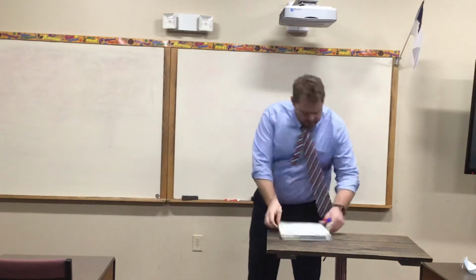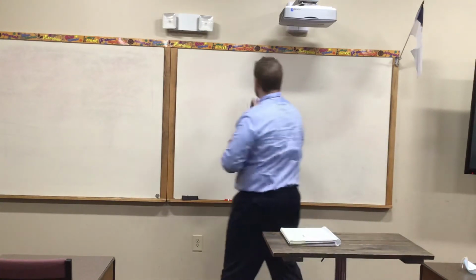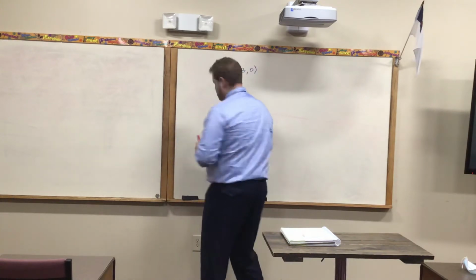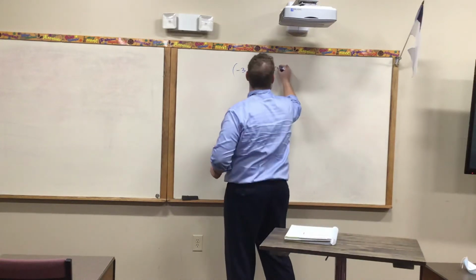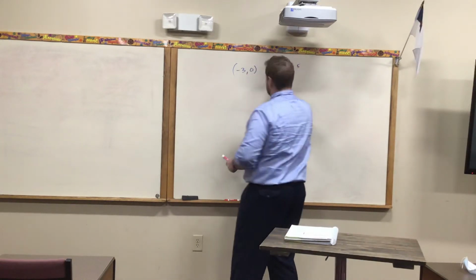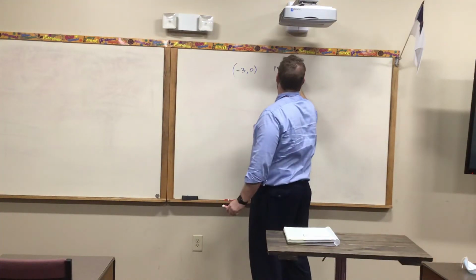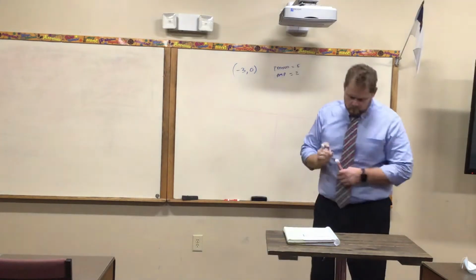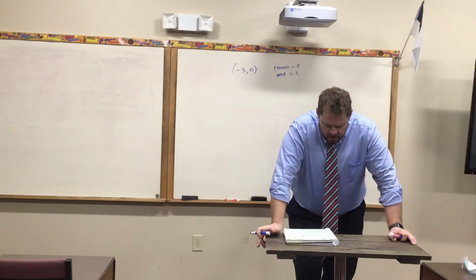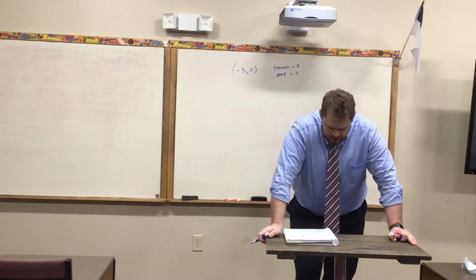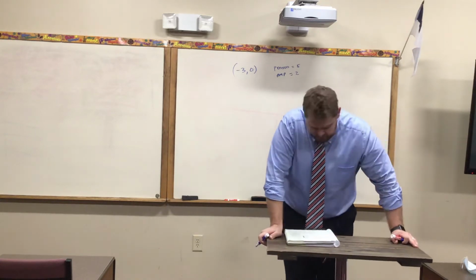All right, here we go. So the problem is this. It says, write an equation of a sine function passing through point 3, 0 and has a period of 5, okay? And an amplitude of 2. So what I'm looking to draw is going through 0, -3, and then a period of 5, amplitude of 2.